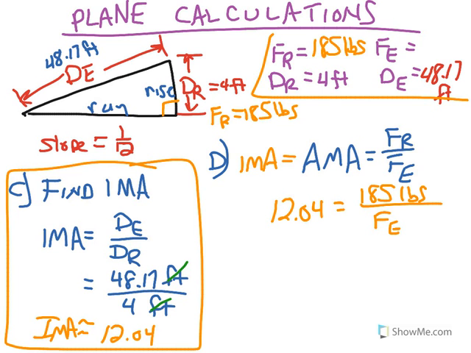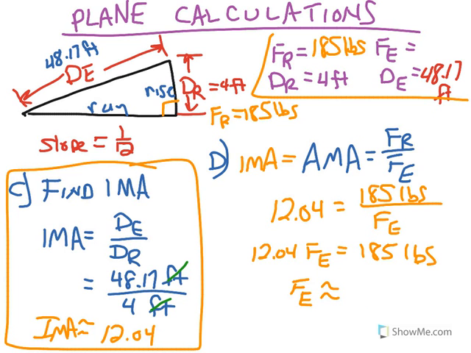So if we multiply both sides by the force of the effort, and divide both sides by 12.04, you get the force of the effort is approximately, that's what these wavy equal signs are, it means approximately 15.37.